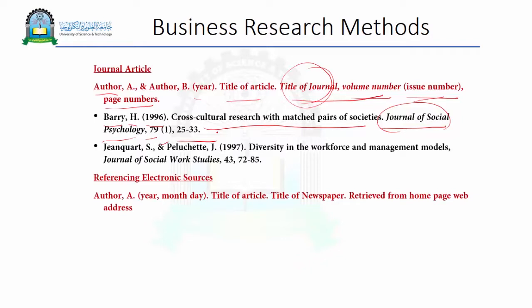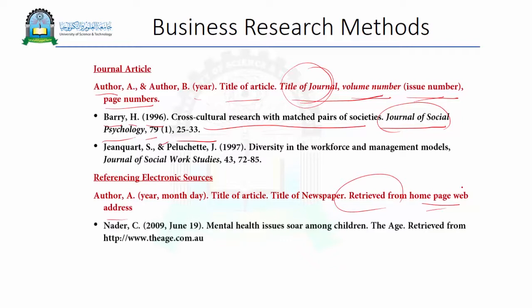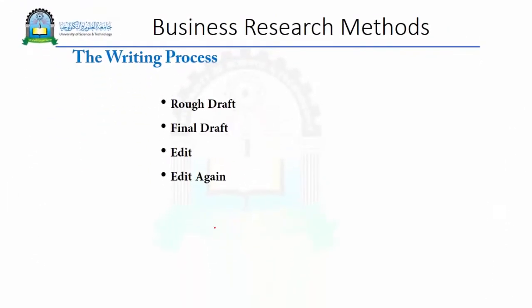If it's an electronic source, sometimes you need to put the home page address or the location and write retrieved from this website or that website, like this one. Sometimes you put the date of retrieval here.